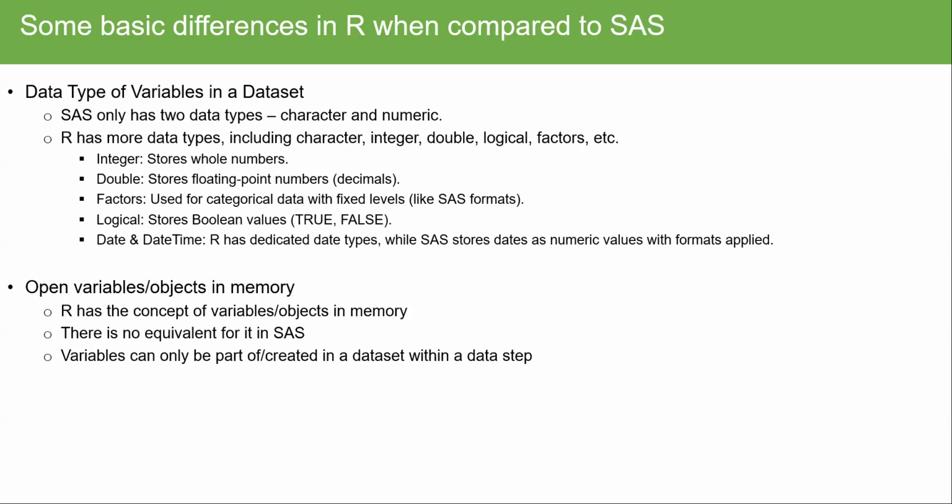Just for awareness, know that there are concepts like objects in memory with no equivalent in SAS, or at least as clinical trial programmers we would not have used any of those concepts, because SAS is also extensive and the amount of SAS that we use as a clinical SAS programmer is very limited.